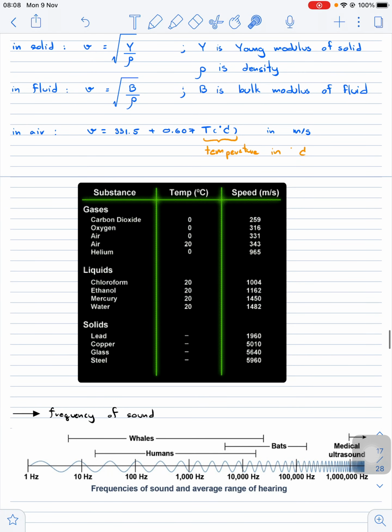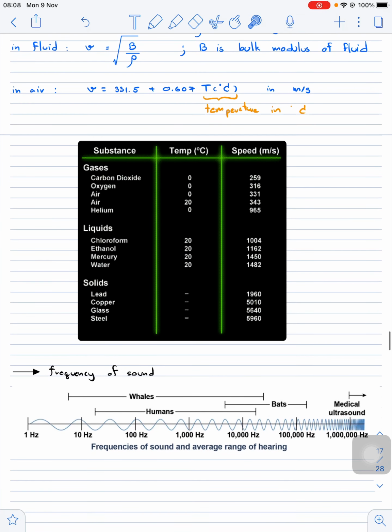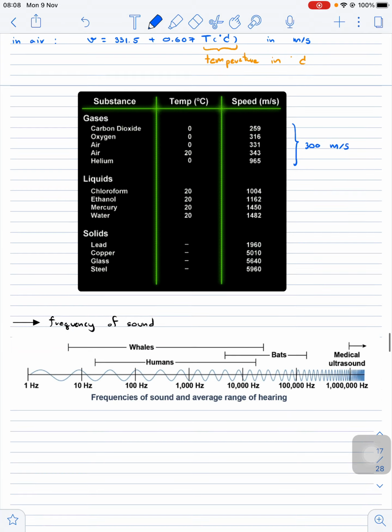So look at this table. For example, the speed of the sound wave in a gas is just about 300 meters per second. But the speed of the sound wave in a liquid is about 1000 meters per second.